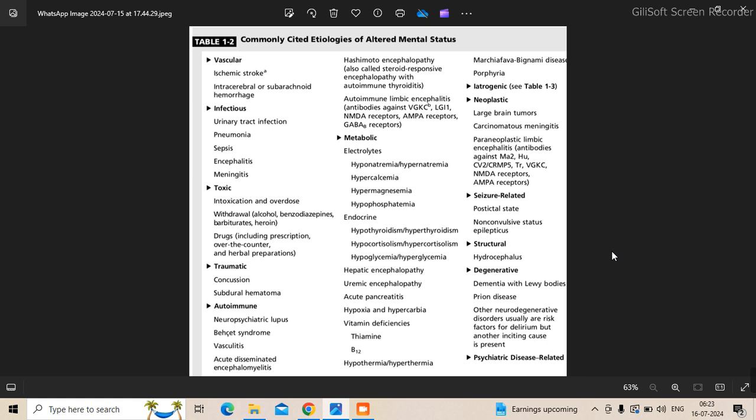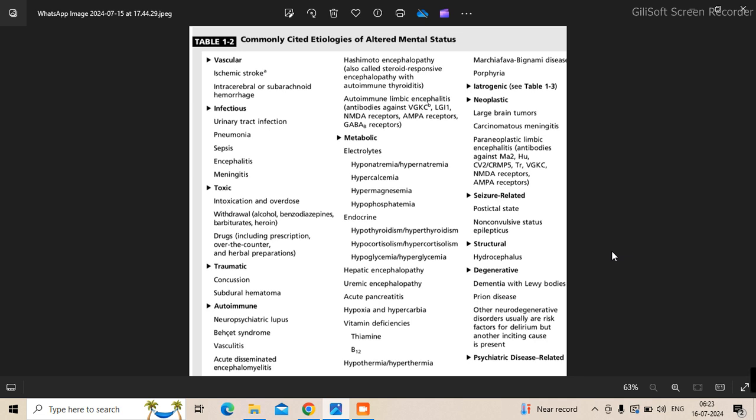In the endocrine causes, we have thyroid-related disorders like hypothyroidism, hyperthyroidism, hypocortisolism, hypercortisolism, hypoglycemia, hyperglycemia. Then hepatic encephalopathy, uremic encephalopathy, acute pancreatitis, hypoxia, hypercarbia, vitamin deficiencies like thiamine and B12, hypothermia, hyperthermia.